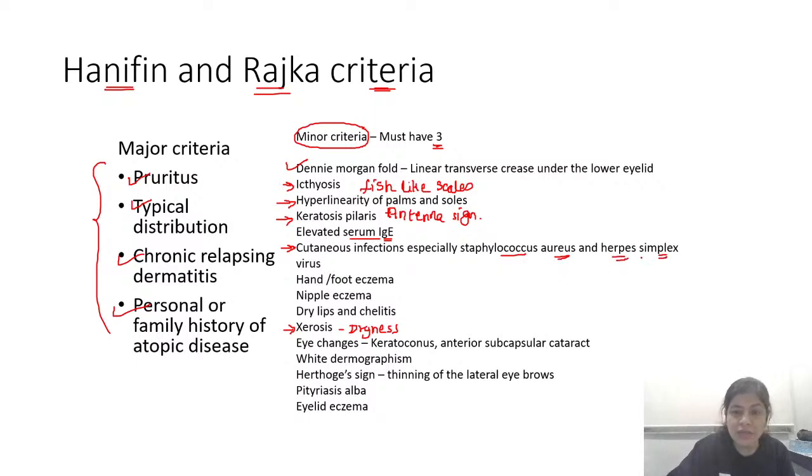Can someone tell me what is the condition in which you see extensive disseminated herpes simplex infection in a patient having extensive atopic dermatitis? What is the condition called?